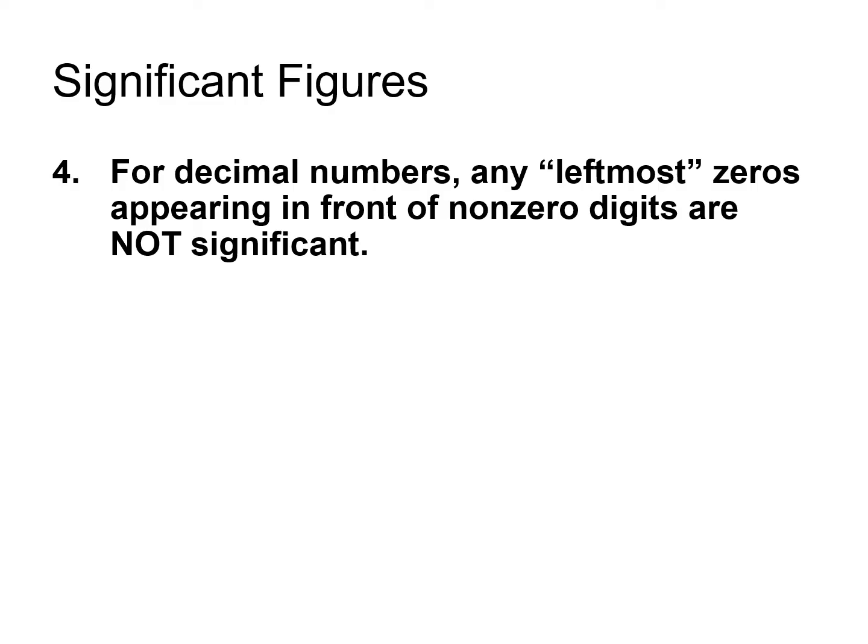If the number has a decimal, but there are zeros up front on the left, those are not significant. Those weren't actually measured. They are placeholders to show you where the decimal is, to show you where you are measuring in the number line.